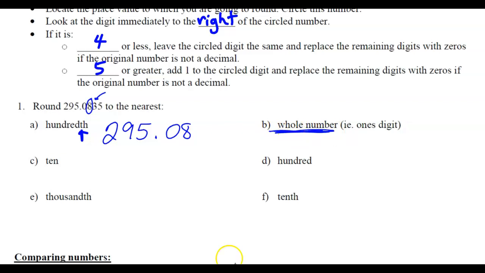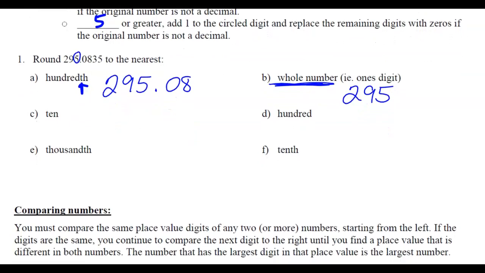Now when I do this one, I'm going to circle this 5, and you can see after it is a 0. So this is going to stay as 295, no decimal point, no zeros afterwards. You only fill in with zeros afterwards if it's anything to the left of the decimal that you're rounding to. So the tens digit is the 9 there.